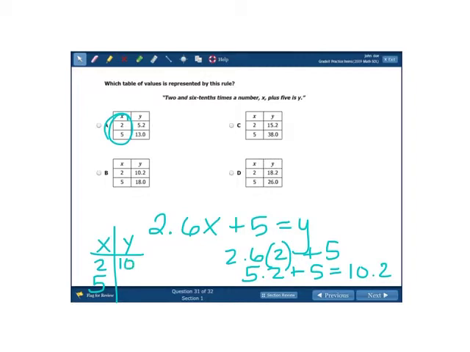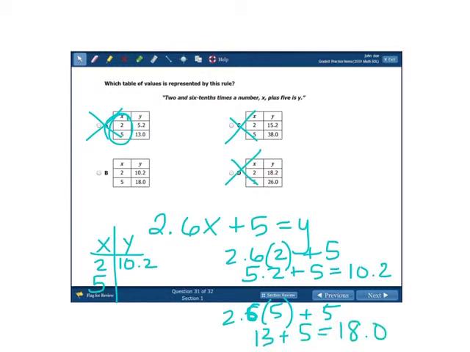So when you plug in a 2 to our equation, we get 10.2. My choice A is wrong, D is wrong, C is wrong. We're done. Let's double check it by plugging in 5. 2.6 times 5 plus 5, that's going to be 13, plus 5, that's going to be 18, and we could think of it as 18.0 to match answer choice B.